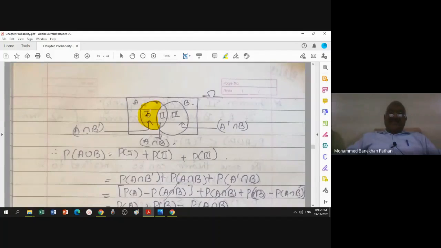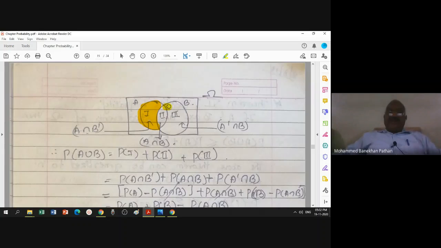So you can see it is not total A. It is part of A. So I write this one as A intersection B dash. Here dash means complement, outside of B.